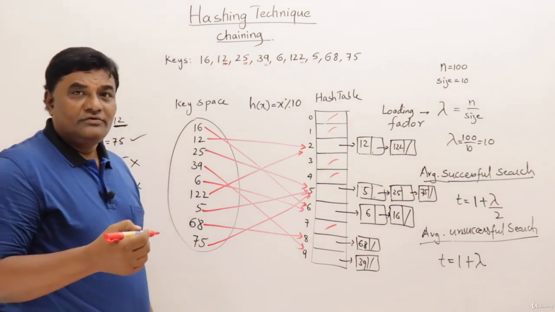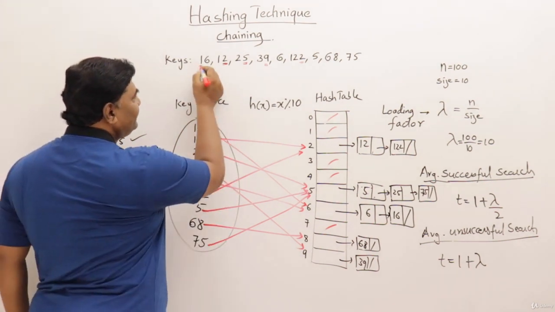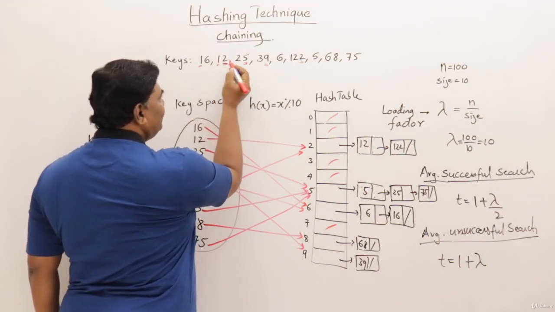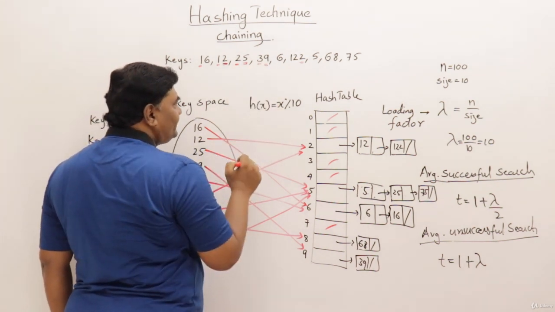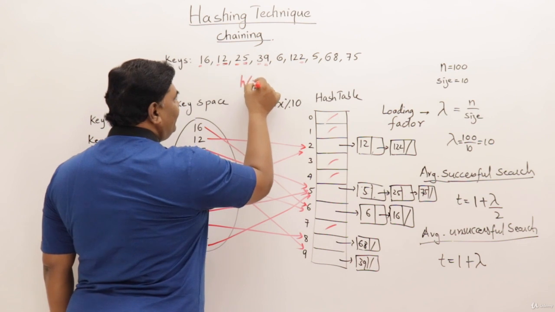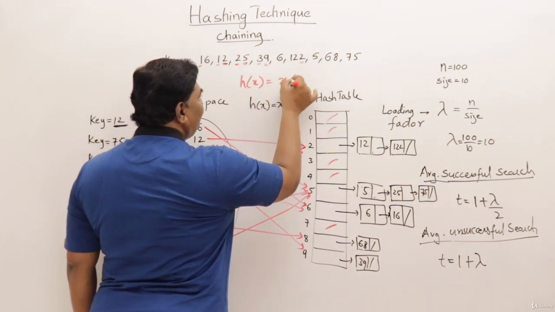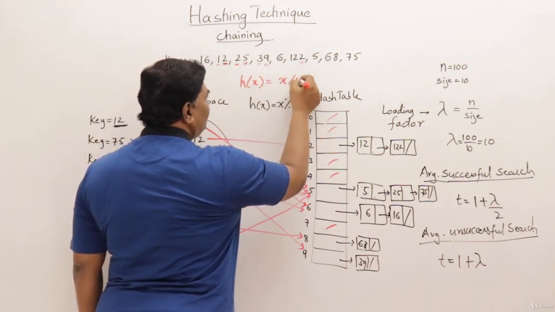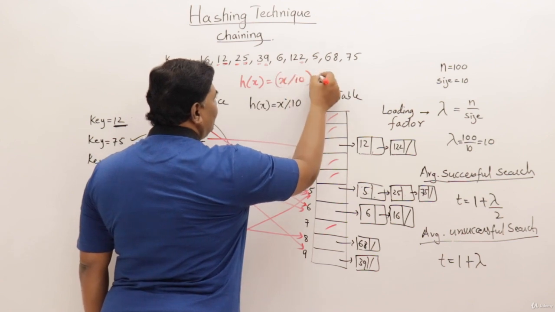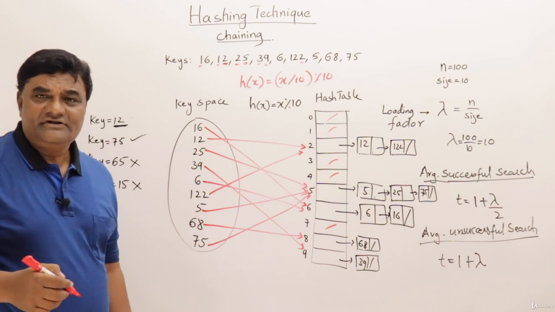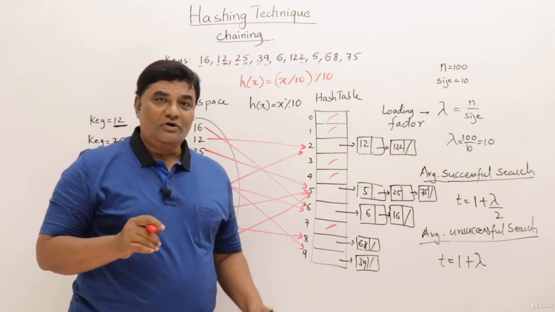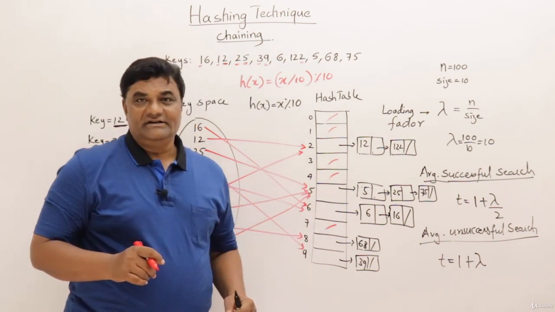If you say no, I want to look at the second digit from the right side, the second last digit, you can write a hash function for that also. Hash function will be h of x equals x divided by 10, then mod 10. If you want, you can modify the hash function. It's not necessary that you take mod, meaning last digit only.